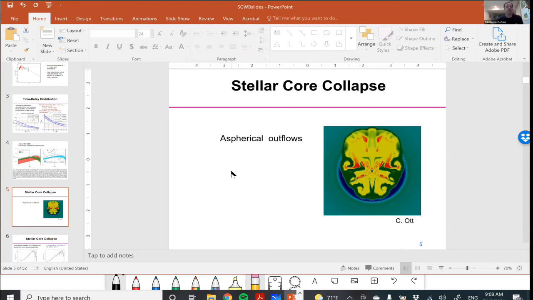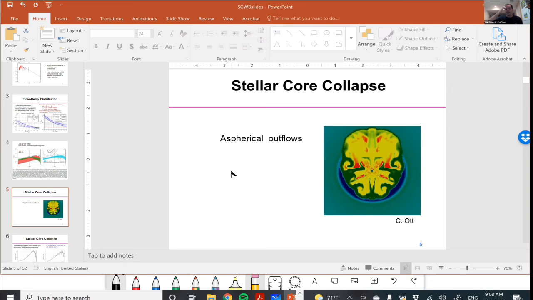And there are, again, multiple contributions to gravitational waves during this process. There are shocks that move the matter around. There are hot bubbles that are expanding. There is something called the standing accretion shock instability, or SASI, which may or may not happen, and so on.